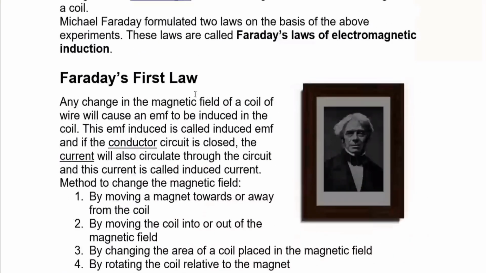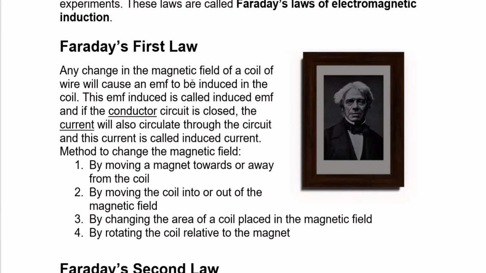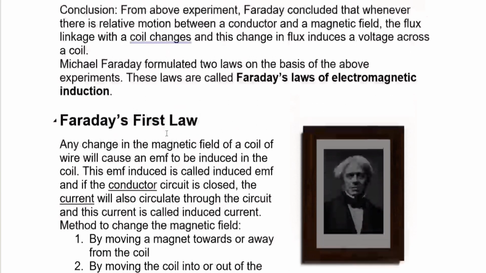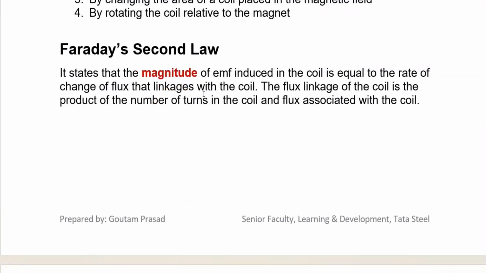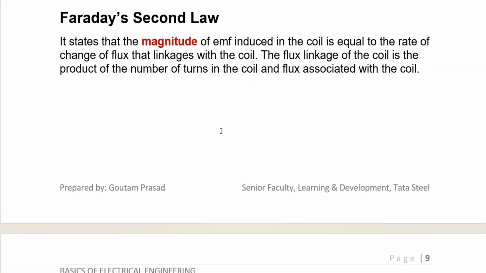The first law was talking about the change in the magnetic field and the induced EMF, basically the direction of the induced current, whereas the second is talking about the magnitude. So they talk about different things, and you have to be careful about that.